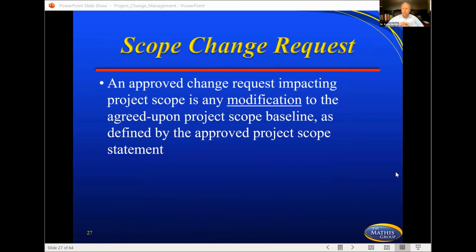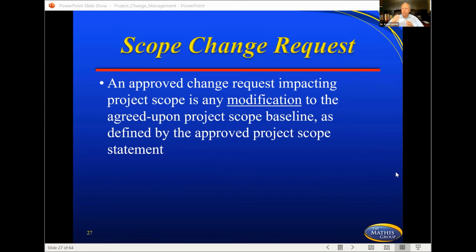Now, scope change requests. An approved change request impacting just the project scope and any modifications to the agreed upon project scope baseline as defined by the approved project scope statement. So you started with a scope, it was baselined at the beginning of execution, because remember, that's where you baseline your project. You baseline the scope, the schedule, and also the budget, all at the beginning of execution.